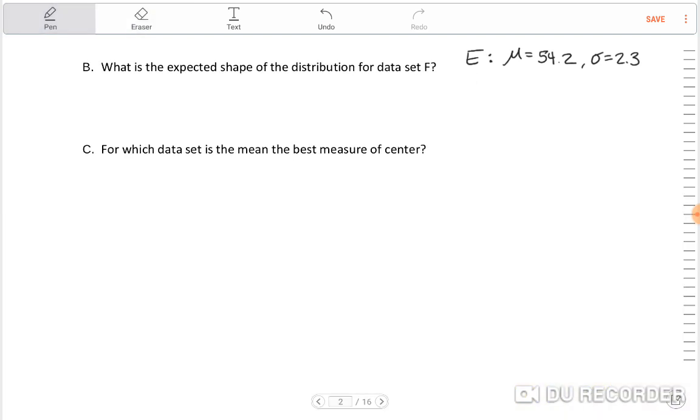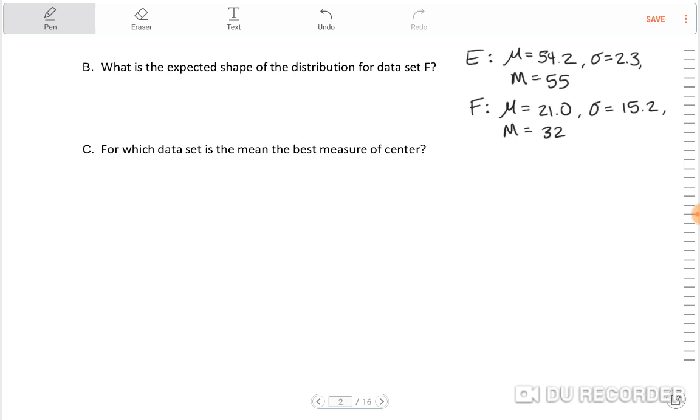Okay, and then your median is 55. And then for set F, the mean is 21.0. The standard deviation is 15.2. And the median here is 32.